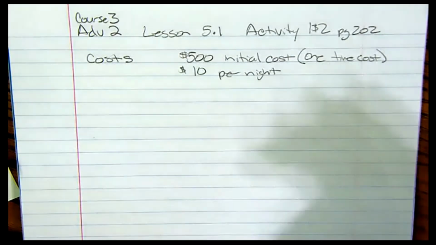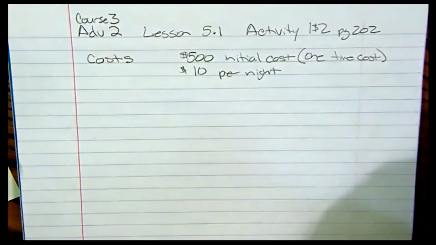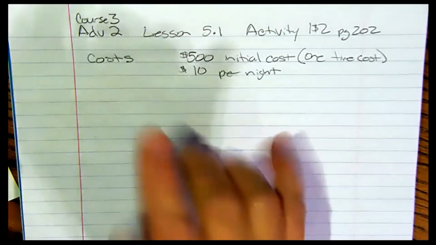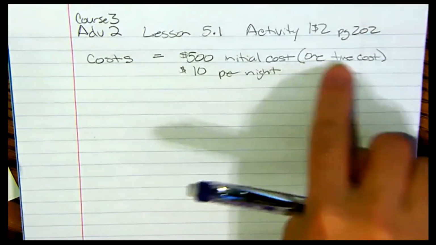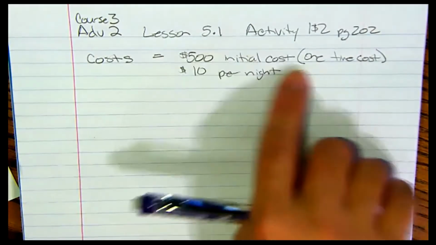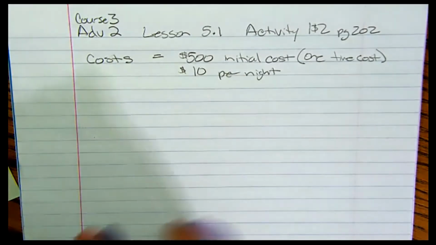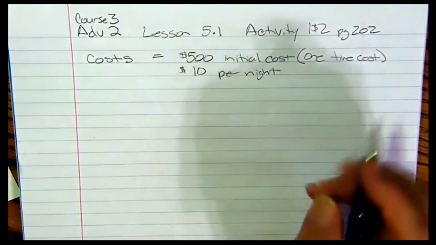Okay. So we need to turn this into an equation. Our costs are equal to a one-time cost of $500 to set up the room. And then this is a recurring cost. It's $10 per night. So we need to set this up as an equation.